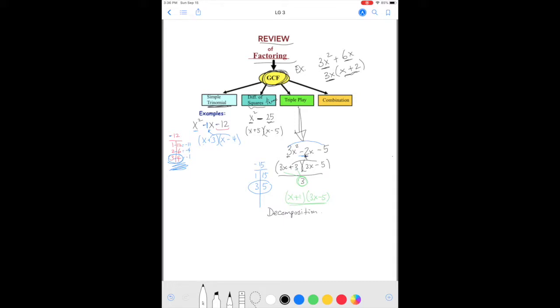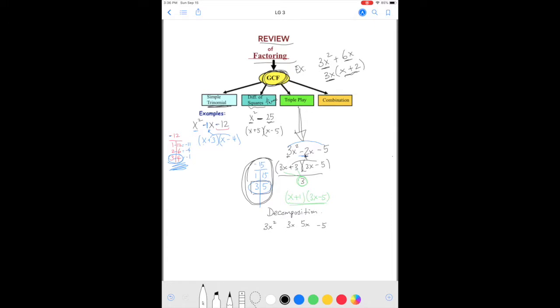We would set it up like this. Okay, so we have 3x squared, and then we take the other one, minus 5. Now, we do the same t-chart right here. All right, and it's going to be these same terms, 3 and 5. But just remember that these have x's now.